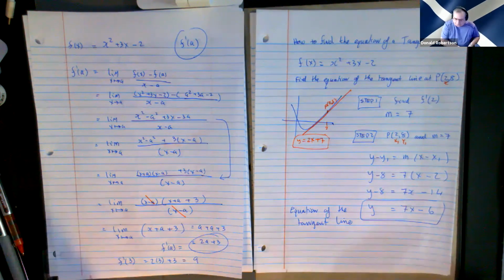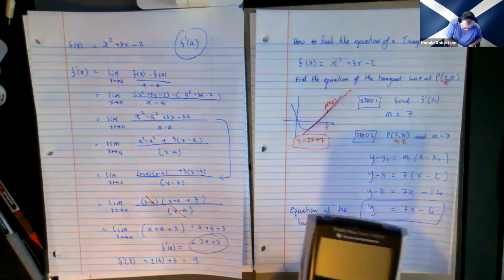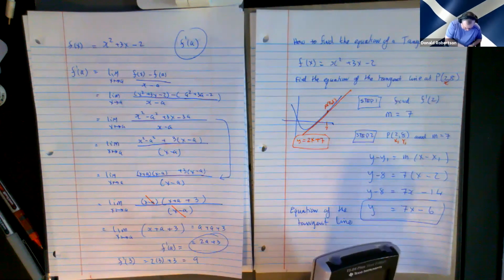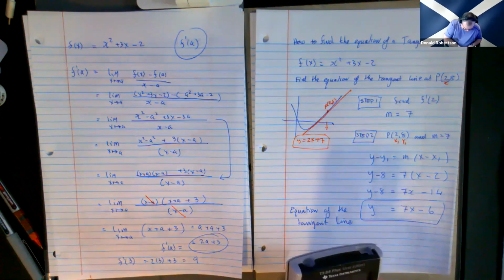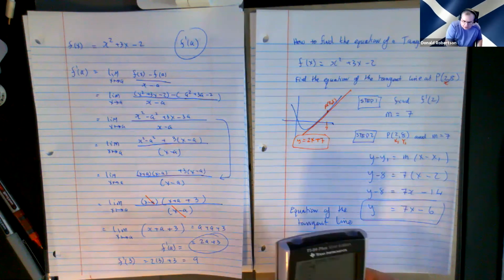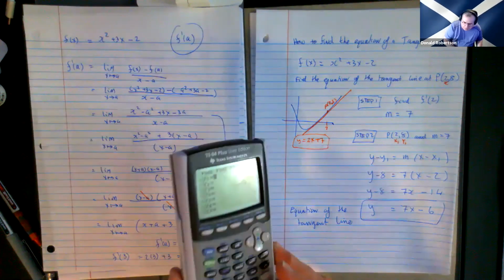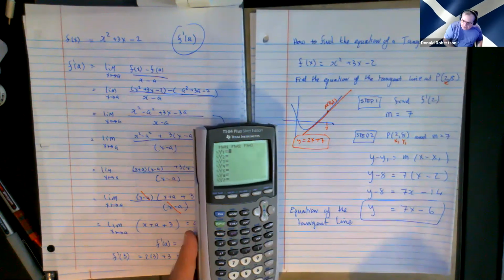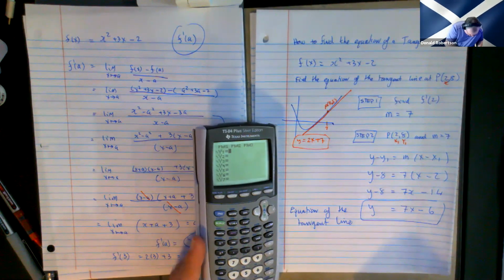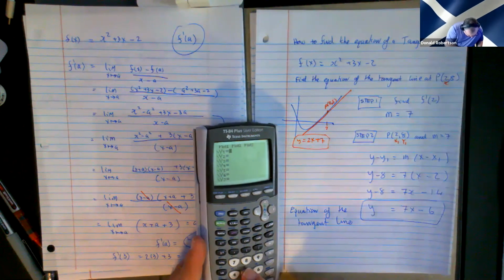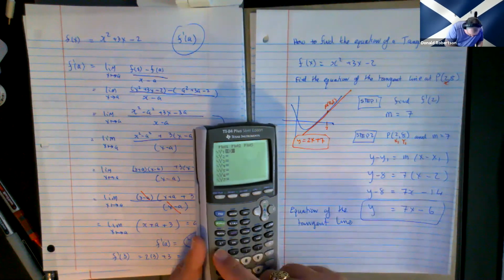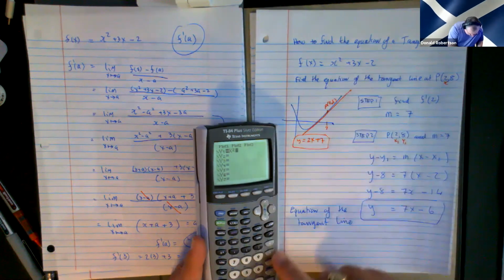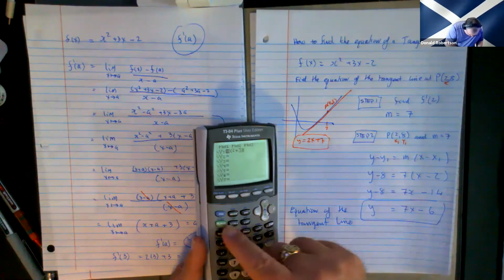Let's check it. So I'll go to my calculator. Desmos would be better, but I don't have the time to load it up. The curve is x squared plus 3x, take away 2.